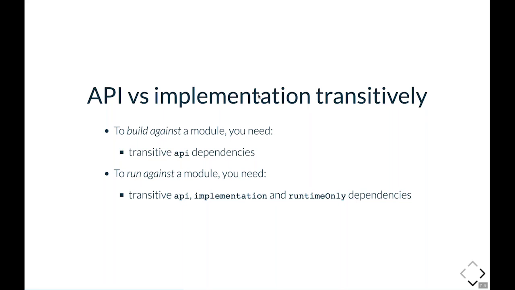And so when you build with a module, you need its transitive API dependencies. So if I create a library and that library exposes a Guava type via one of its return types, well, my consumers better know about Guava. So my library declares Guava as an API dependency. On the other hand, the fact that my library requires an HTTP library to do some requests in the background while I'm using it, that doesn't leak through my API.